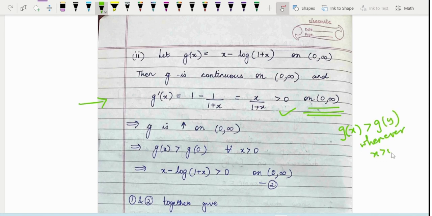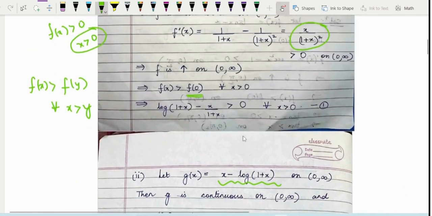So taking y to be 0 in particular, you have g(x) > g(0) whenever x > 0, but g(x) was defined by us as x minus log(1+x), and g(0) we can see when you put x equal to 0, it's 0 minus log 1, that's 0.